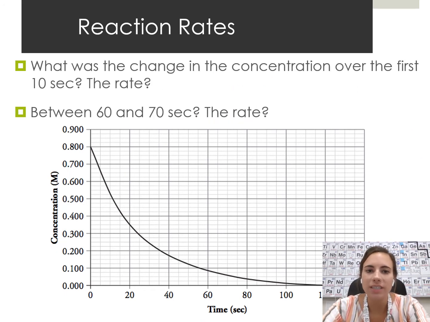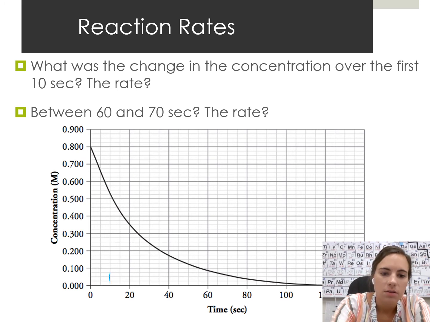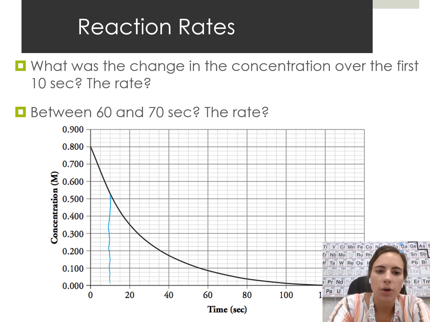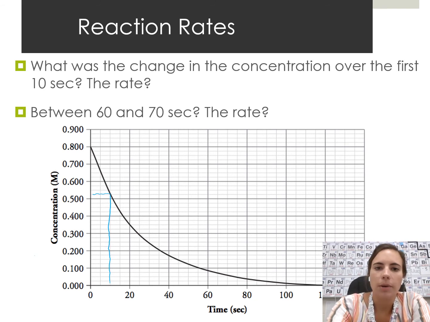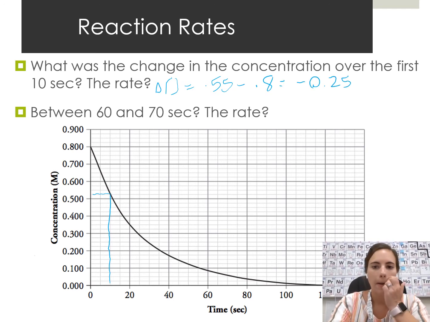So now this says, what is the change in concentration over the first 10 seconds? So here is the concentration at 10 seconds. So I started at 0.8 and I am ending at 0.55. So my change in concentration is equal to 0.55 minus 0.8, which is negative 0.25.